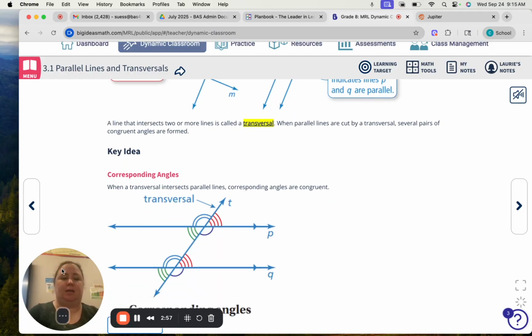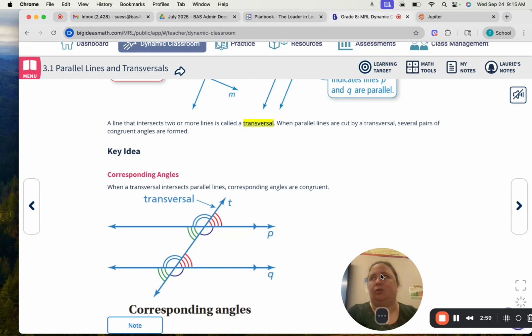All right, we did some of this in your exploration. Look at the corresponding angles. Remember when I said what angle measures equal each other in the exploration and you were guessing? And then I showed you on the board how if they're in the same position on the transversal, then they would be the same measure.